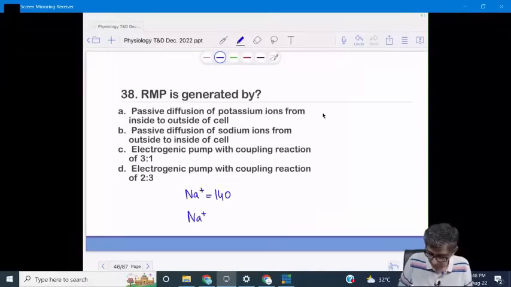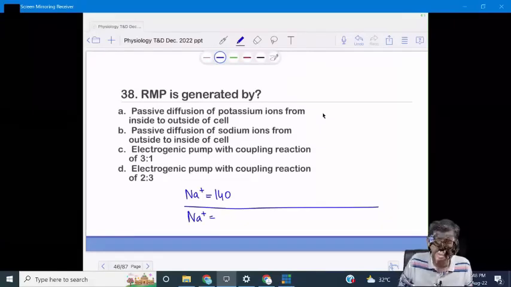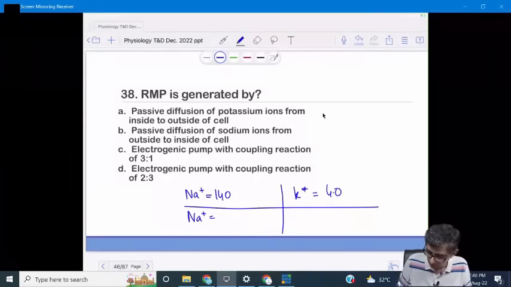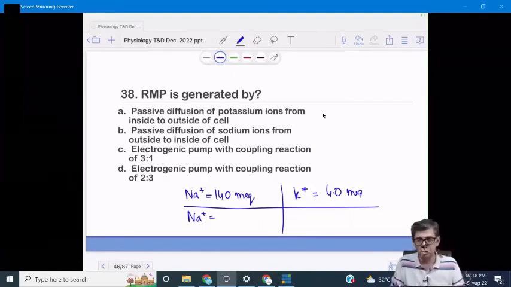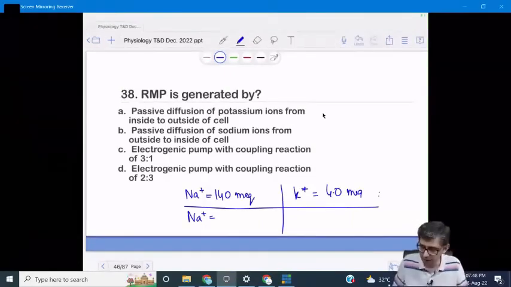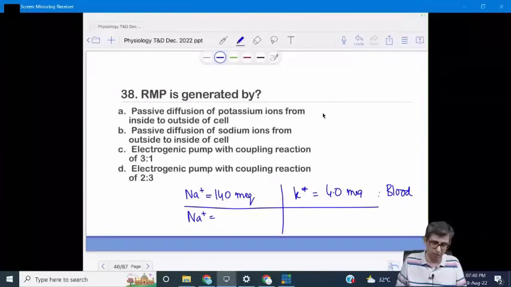Okay, I'm waiting for your answer for the next question. RMP will be generated by which of the following? Normal sodium in the blood is about 135 to 145, so I've taken average of 140. Normal potassium in the blood is about 3.5 to 5.5, so I have taken an average of about 4. The question says RMP will be generated by which of the following?